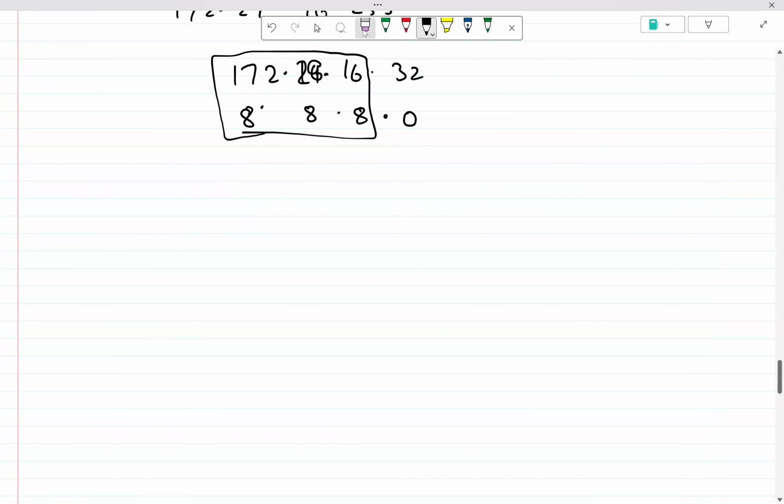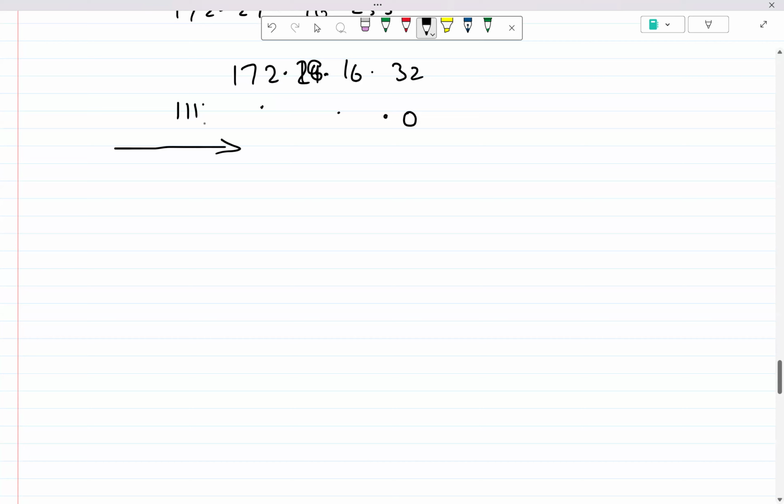Now, there is a high chance that you may not find 8 consecutive ones in the octet. Okay, 8 consecutive ones from the left hand side. Let's say this is 1, 2, 3, 4.